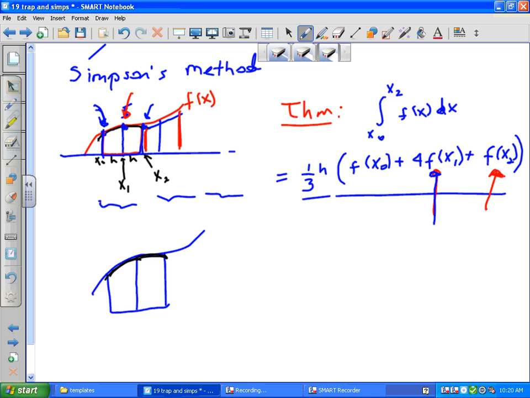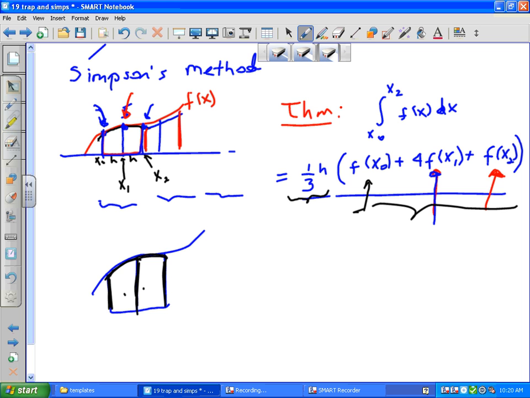The formula says if you're trying to find the area under this parabolic top, basically the area of this plus that rectangle, it's going to be 1 times this height. So first of all, you have this coefficient, then 1 times f of x sub 0, which is this height, plus 4 times this height, plus 1 times this height, correct? That's what this formula is telling us. 4 is part of the formula, right, for the parabolic tops, yes.